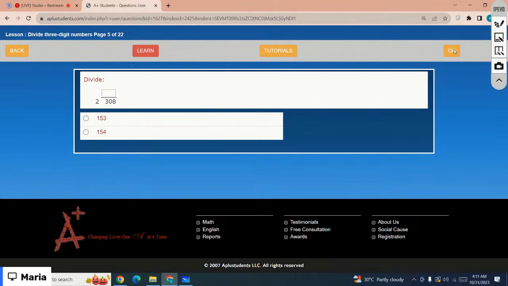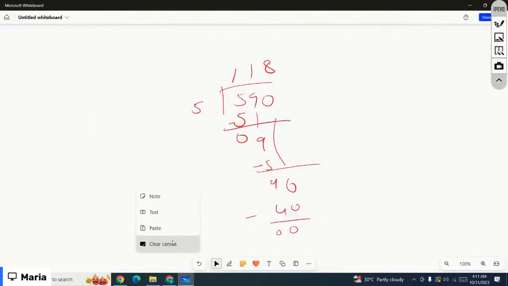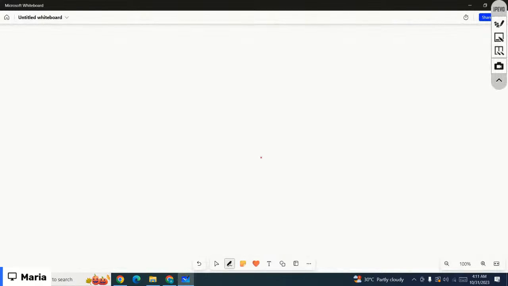You have to divide 308 by 2. Let's just divide using the long division method. If you are confused, please ask the complete question.